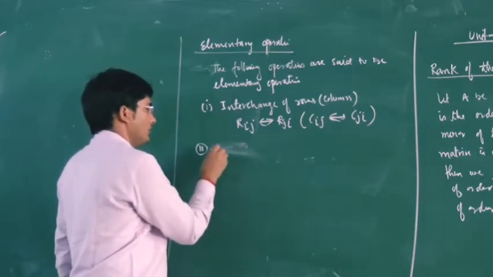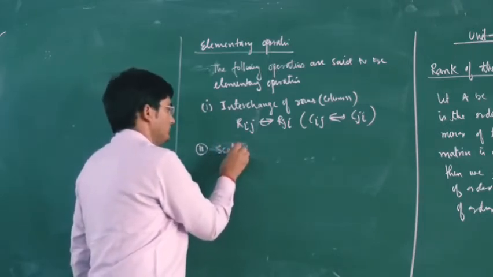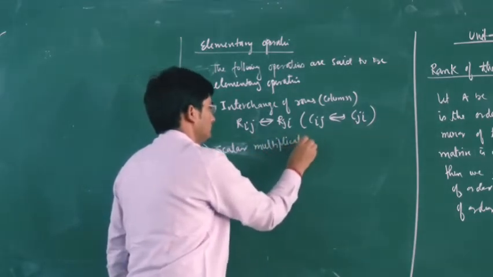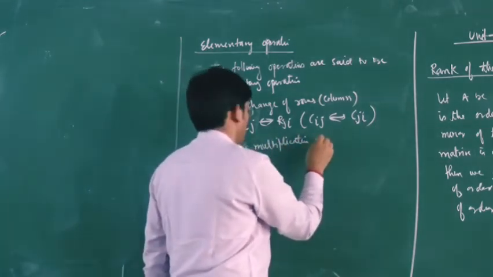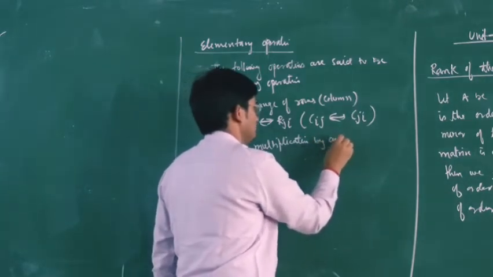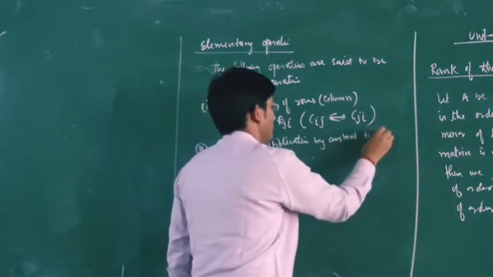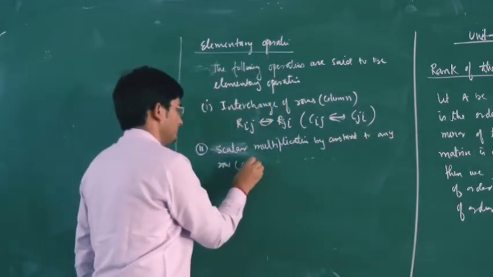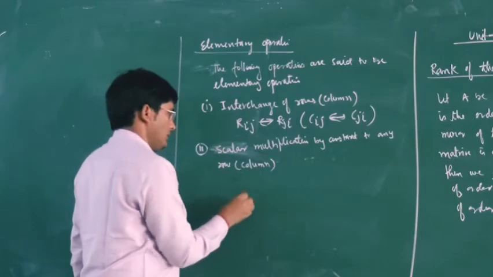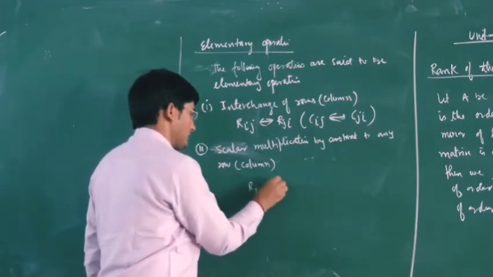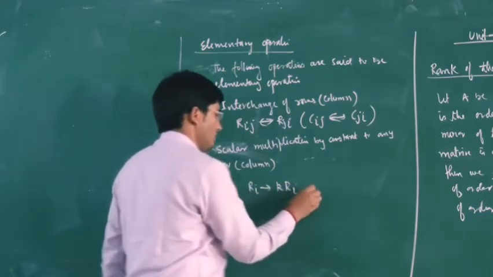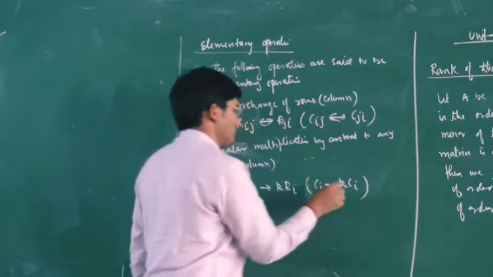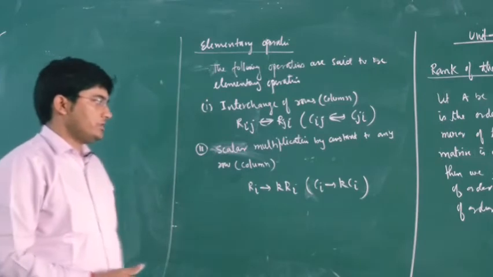Then scalar multiplication by a constant to any row or column. For example, we can multiply ith row by any constant or ith column by some non-zero scalar.